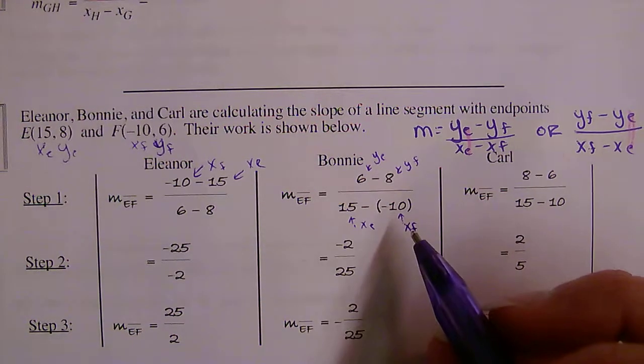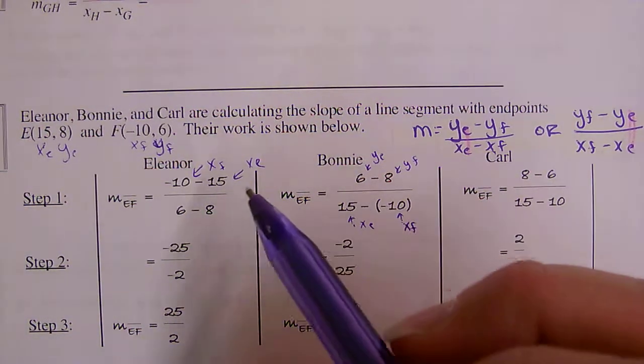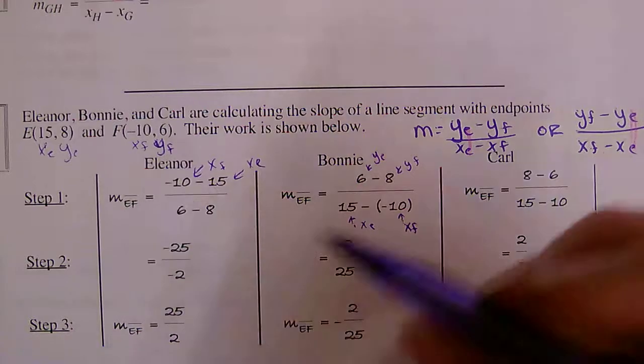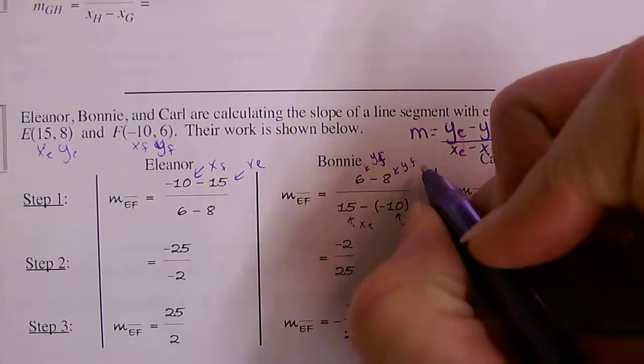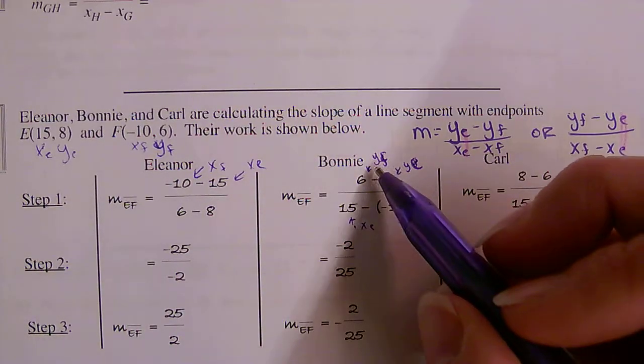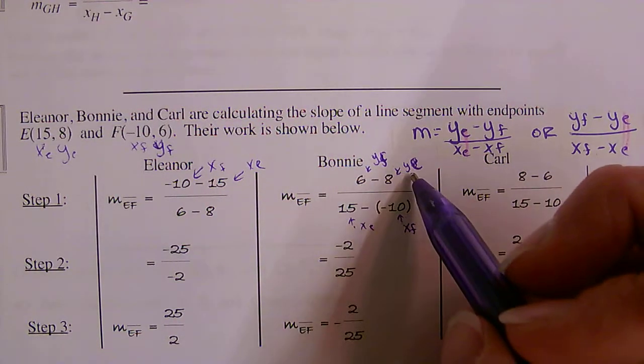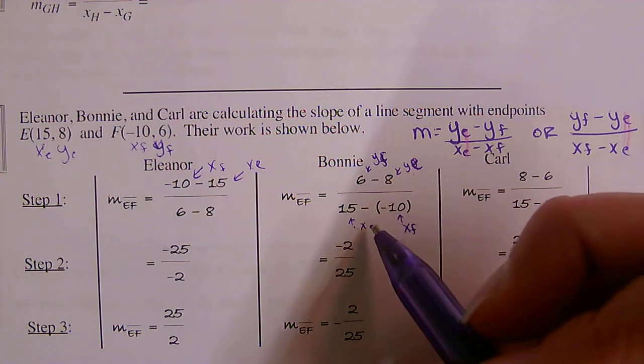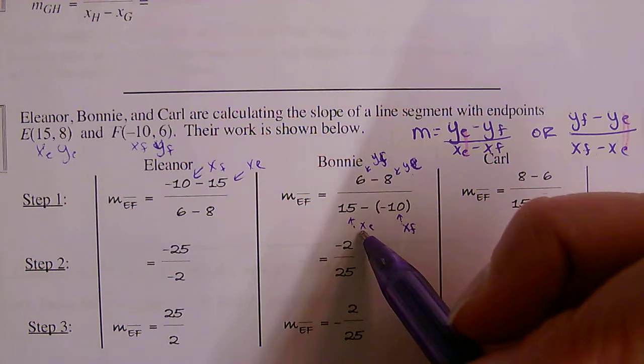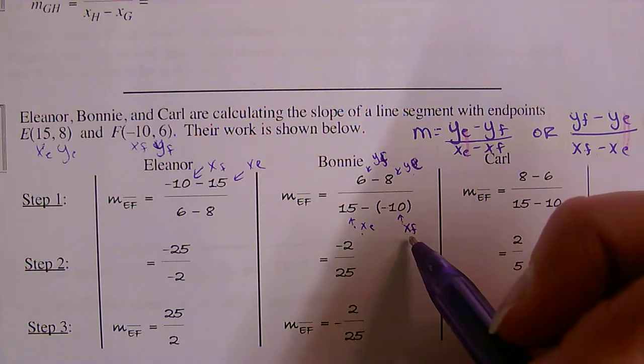So the top is yf minus ye, and the bottom is xe minus xf.